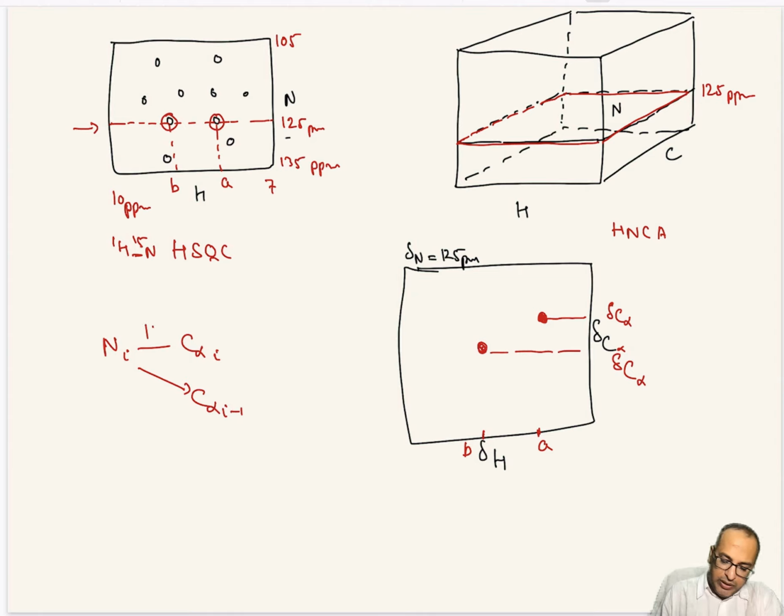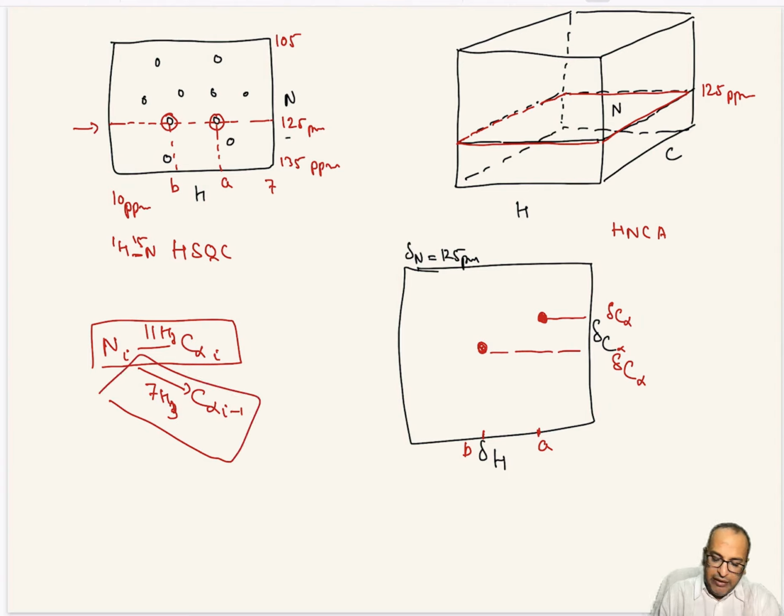This is happening with 11 hertz of coupling constant, and this is happening with 7 hertz of coupling constant. That means if you use your INEPT delay optimized for 11 hertz, then the 7 hertz transfer will not be as efficient. Vice versa, if you optimize with respect to 7 hertz, then the 11 hertz transfer will not be as efficient, right?